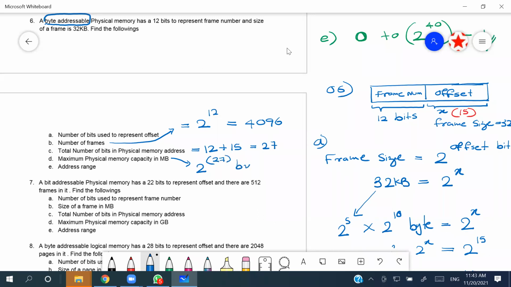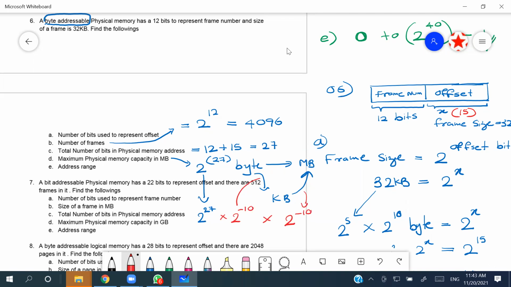This is in bytes, so we have to convert bytes into megabytes. This 2 to the power 27 will be taken as it is, and our journey is going to be from byte to kilobyte and kilobyte to megabyte. From byte to kilobyte, we need 2 to the power minus 10, and from kilobyte to megabyte, we need another 2 to the power minus 10.